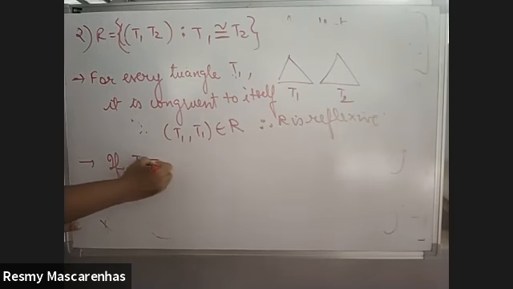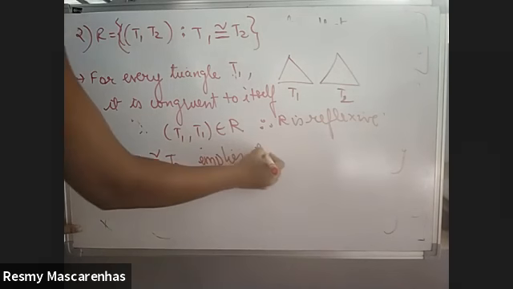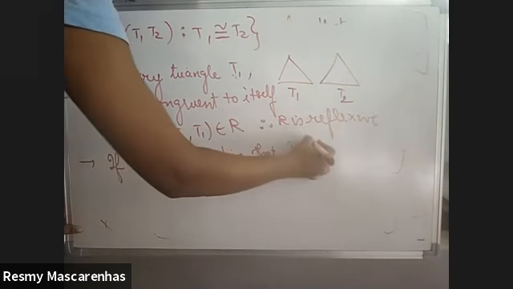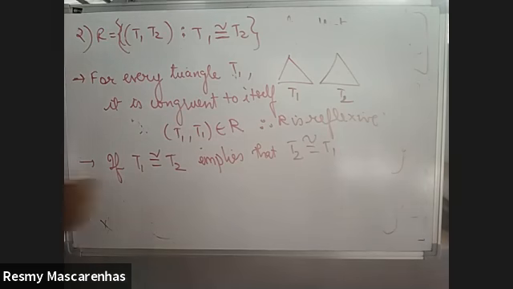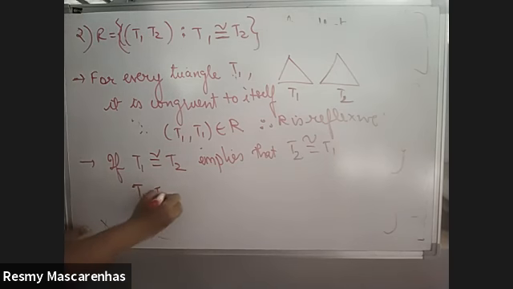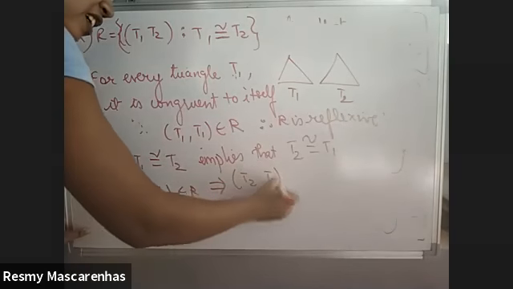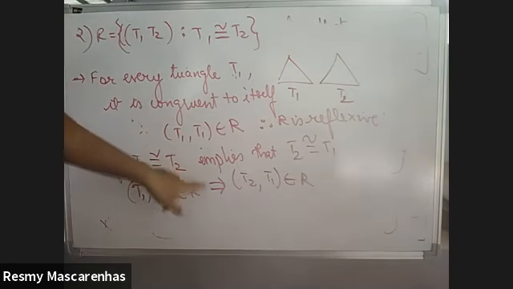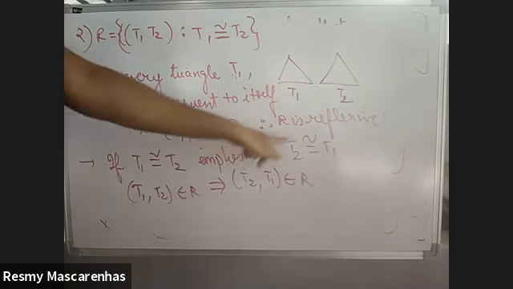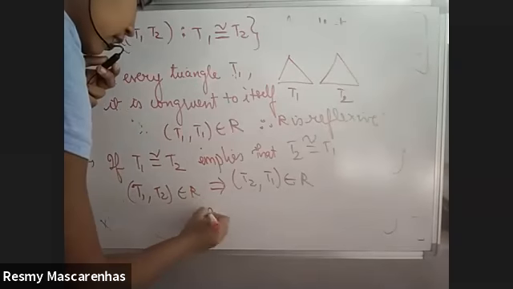T1 is congruent to T2 implies that, as per definition, T1 comma T2 belongs to R implies that, this is writing in terms of symbols. This was in terms of words. Therefore, R is symmetric.